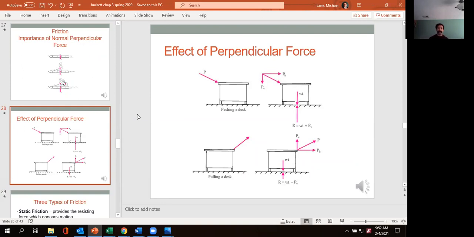If you've got a table, you're near a desk or otherwise, try pushing downwards and away from you and feel how much force you have to push with to move the table. And then do the opposite. Grab the table and pull it towards yourself. So I'm lifting the table upwards. So I've got a vertical vector and I now have a horizontal one pulling it towards me. And since I'm pulling at that angle, it's actively decreasing the total frictional force I have to overcome.